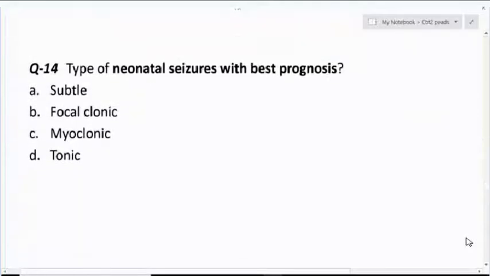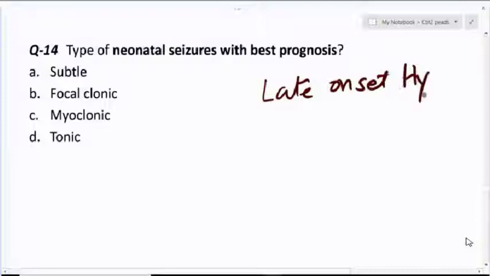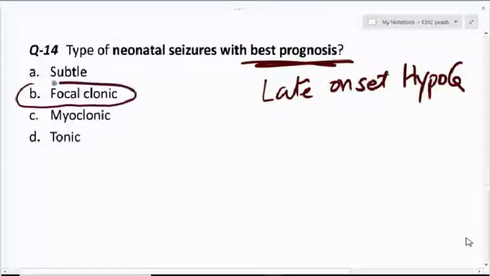Now, which neonatal seizure has the best prognosis? So first of all, talking about the etiology, remember, the late onset hypocalcemic seizure has the best prognosis. Now, if we look at the type, the focal clonic seizures have the best prognosis, and myoclonic seizures have the worst prognosis.